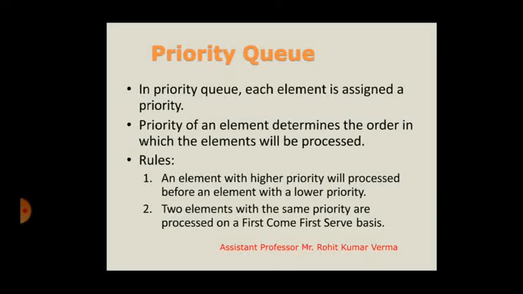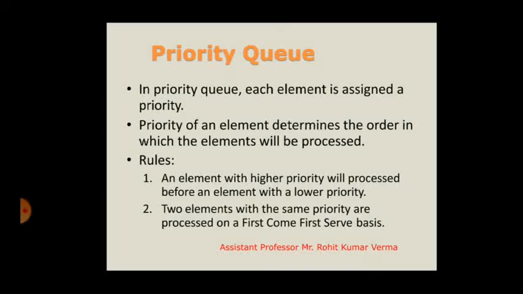The elements are processed on the basis of priority. There are two rules. The element with higher priority is processed first. Second, if two elements have the same priority, then these elements are accessed on first come first serve basis.